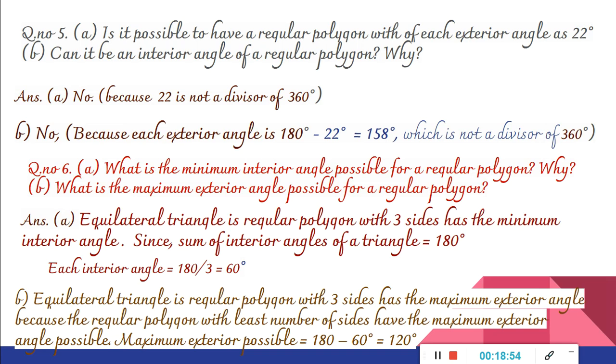So the exterior angle is 180 degrees minus 60 degrees, that is equal to 120 degrees each. Clear? So both are the equilateral triangle only, which has the minimum possible number of sides of a polygon, and the interior angle of 60 degrees is the lowest. So 180 minus 60 is 120. So 120 degrees is the maximum exterior angle possible.